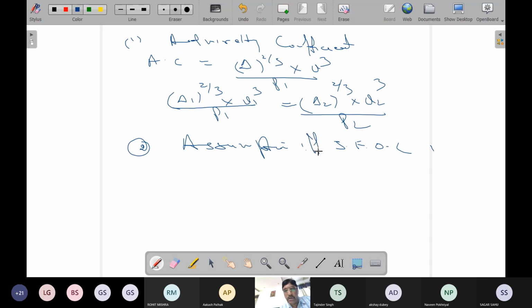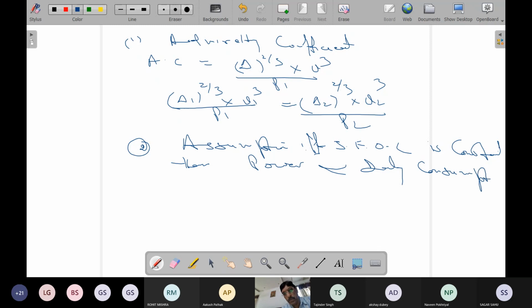So I will write, if SFOC is constant, then power is directly proportional to daily consumption, and therefore we can write fuel coefficient is equal to delta raised to power 2 by 3 into V cube divided by daily consumption.